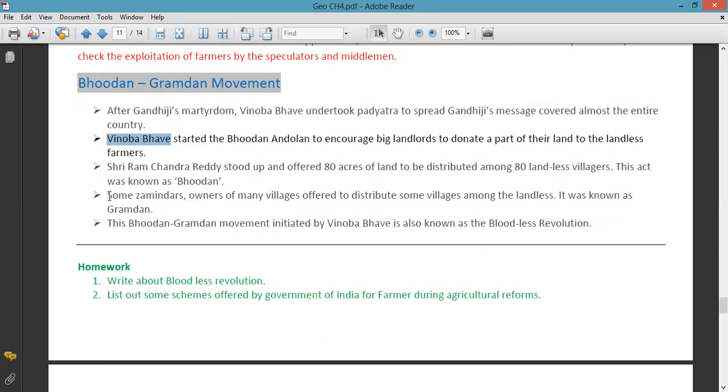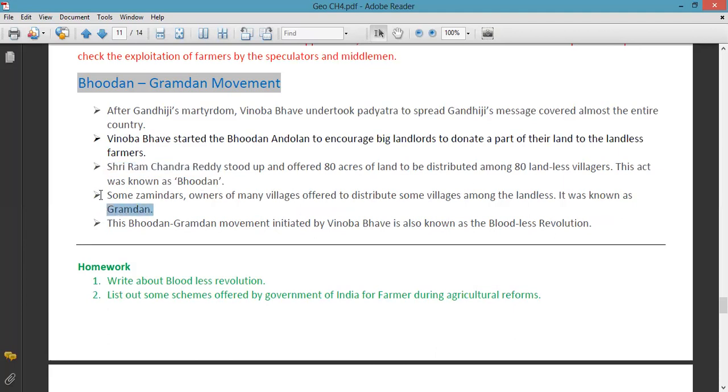Next, like Sri Ramachandra Reddy, some other zamindars, owners of many villages, offered to distribute some villages among the landless. It was known as Gramdan. So here you should have a clear idea about three terms. First, what do you mean by Bhoodan? Bhoodan is an incident by which Sri Ramachandra Reddy gave his 80 acres of land.